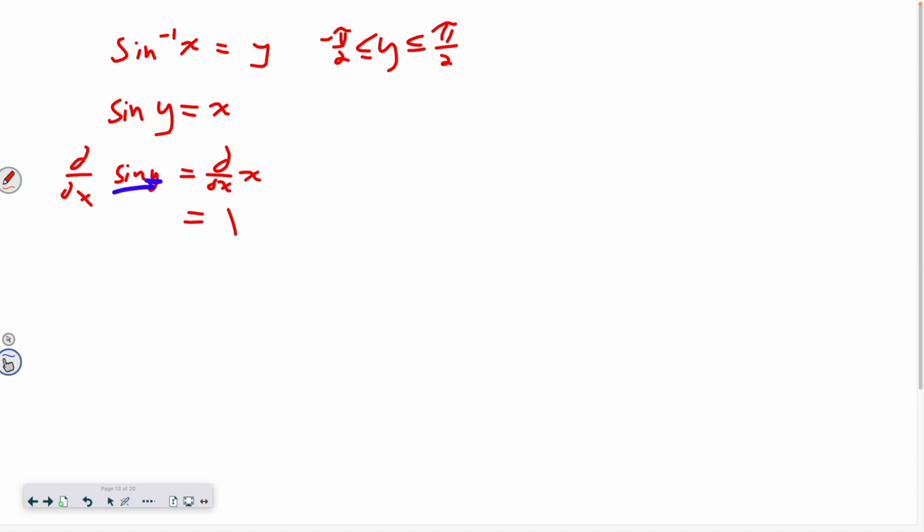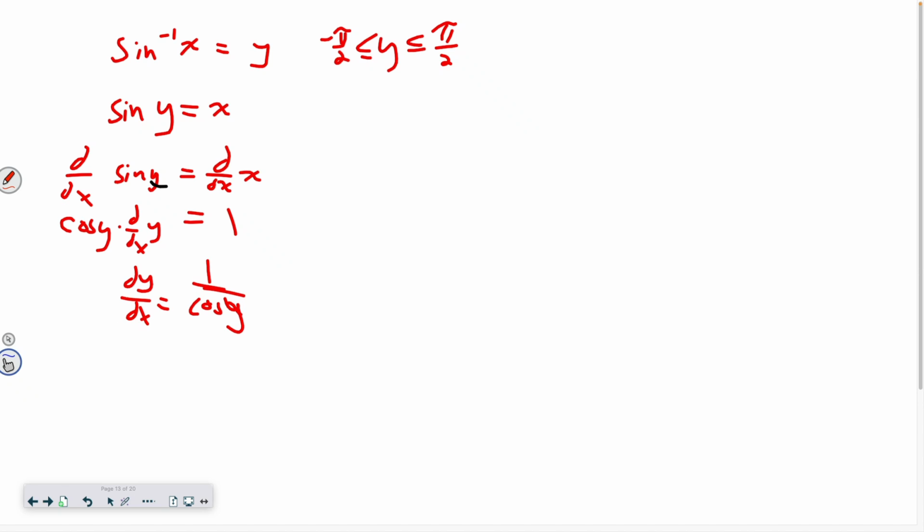So it's the derivative of sine, which is cosine, with y left alone, times the derivative of the inside, d/dx of y, or just dy/dx, or y prime. Is everyone okay with this? Yes. So get dy/dx by itself, it's equal to 1 over the cosine of y, correct?